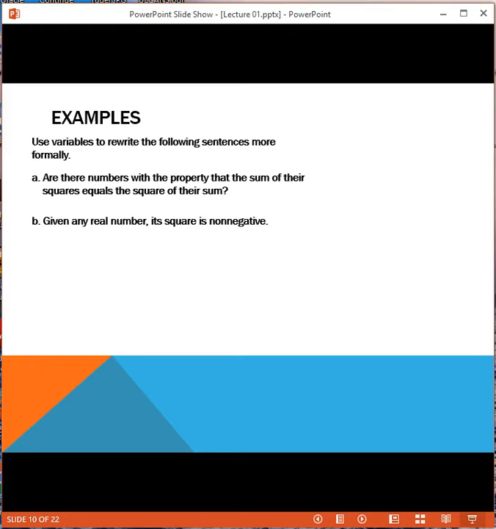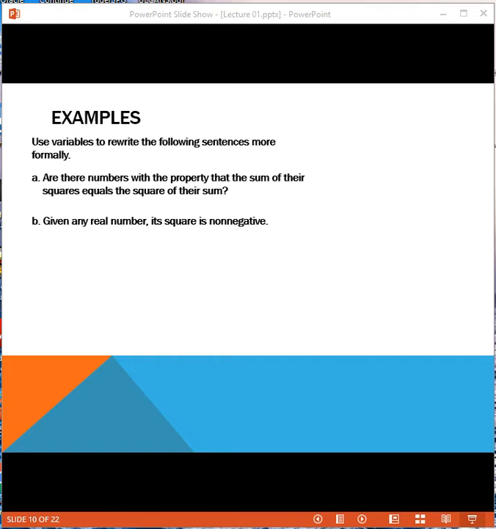Okay, so let's go ahead and do an example of how we might rephrase things with variables. So we'll ask a question, are there numbers with the property that the sum of their squares equals the square of their sum? So let's just assume there's two numbers that we're dealing with.